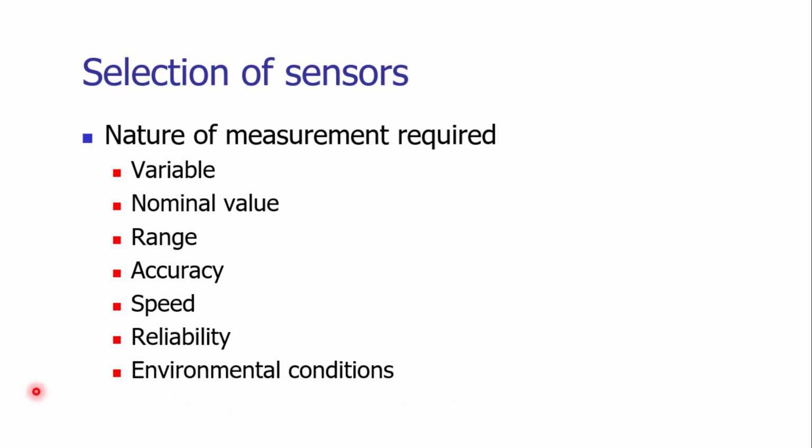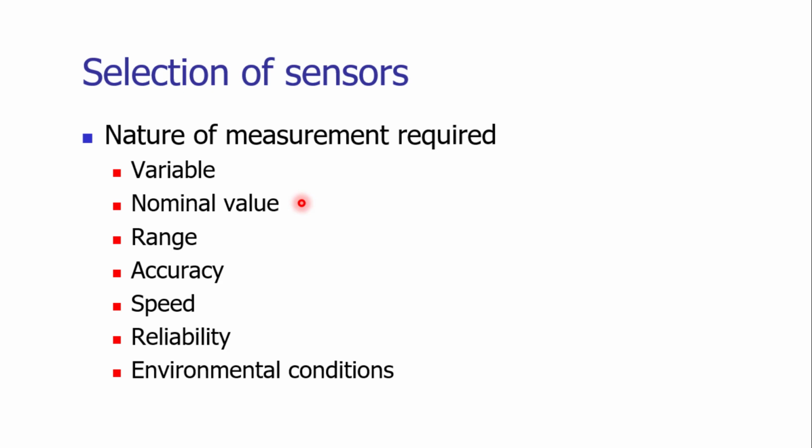When we choose a sensor for a typical application, we need to first look at what kind of measurement we are selecting the sensor for. What is the variable, whether it is for measurement of temperature or force or pressure? What is the nominal value that we are anticipating for the measurement?